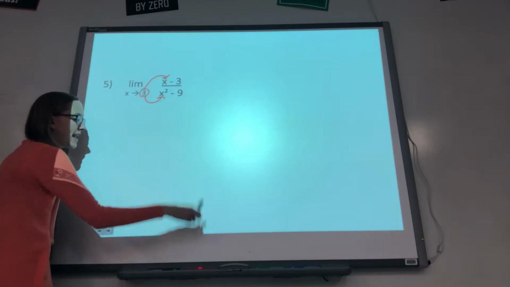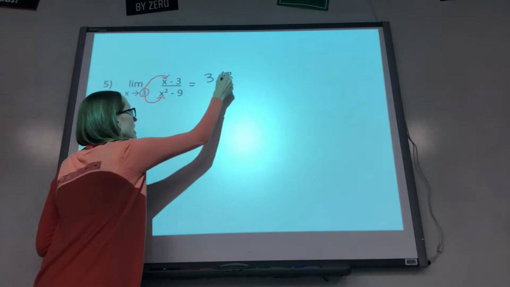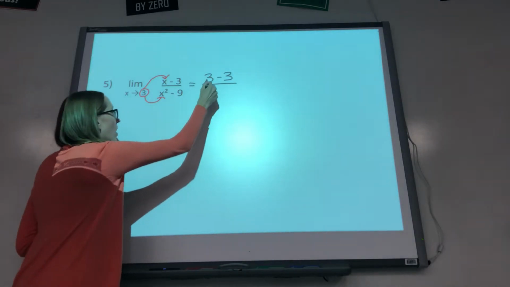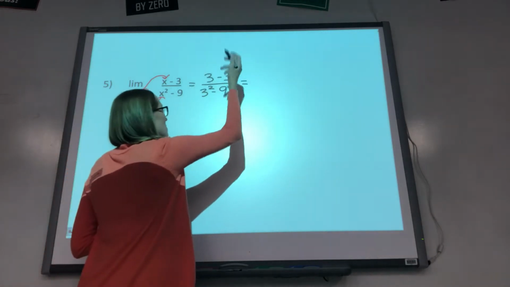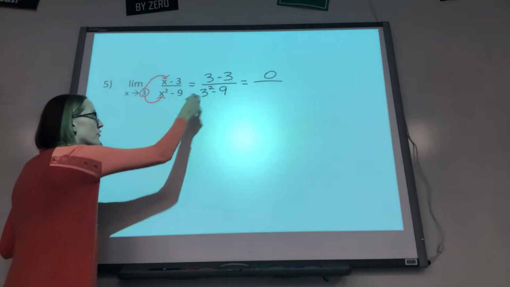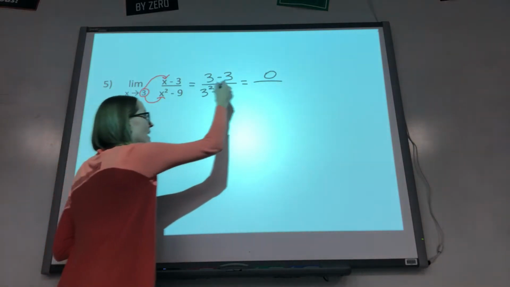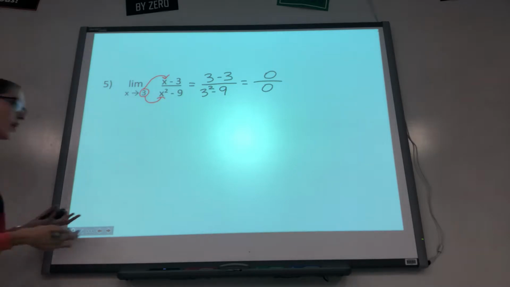Wherever I see x, I need to plug in a 3. That would be 3 minus 3 all over 3 squared minus 9. Well, 3 minus 3, that's 0. 3 squared is 9. 9 minus 9, that is also 0.